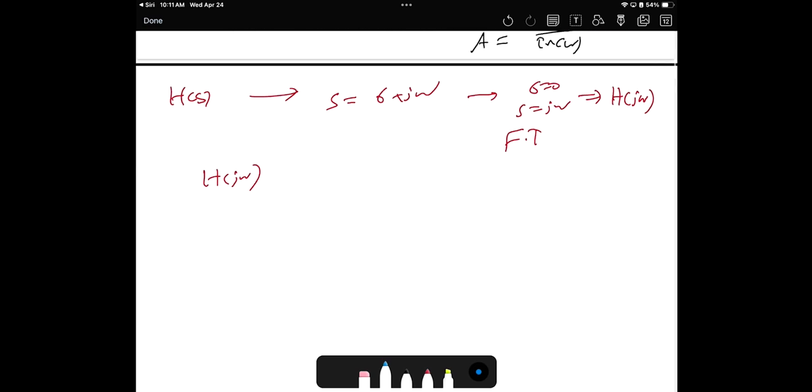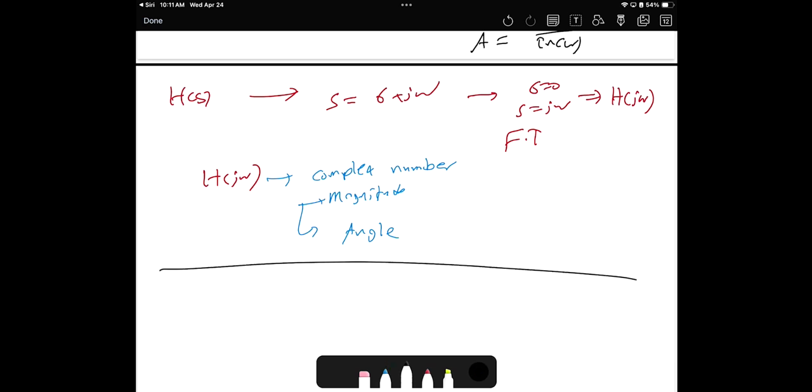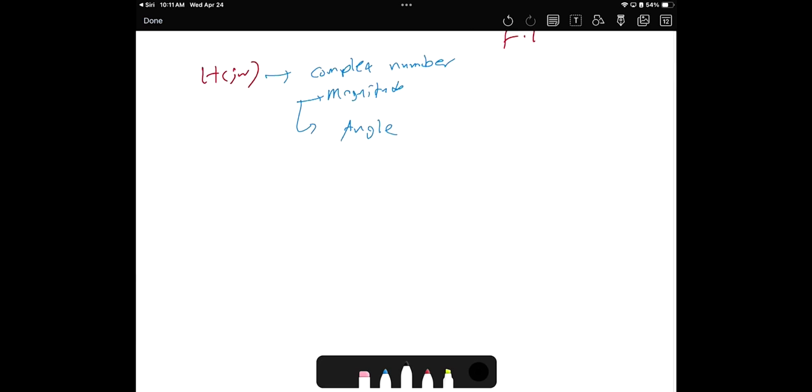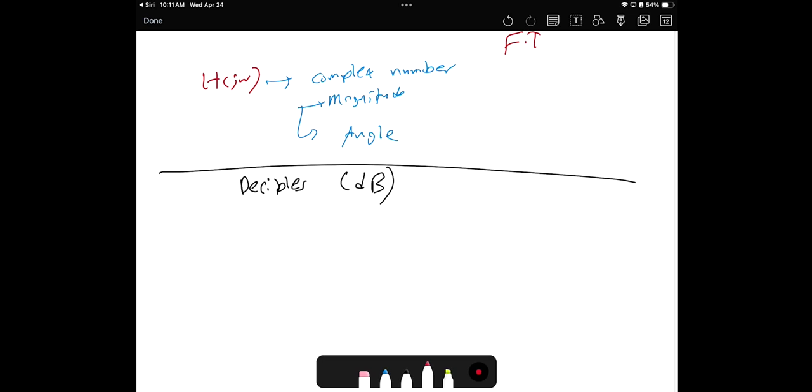We have magnitude and angle. Then, for representing the magnitude, now we would like also to discuss something called decibels. Decibels, in other words, we call it dB. So, for dB, we have two formulas.